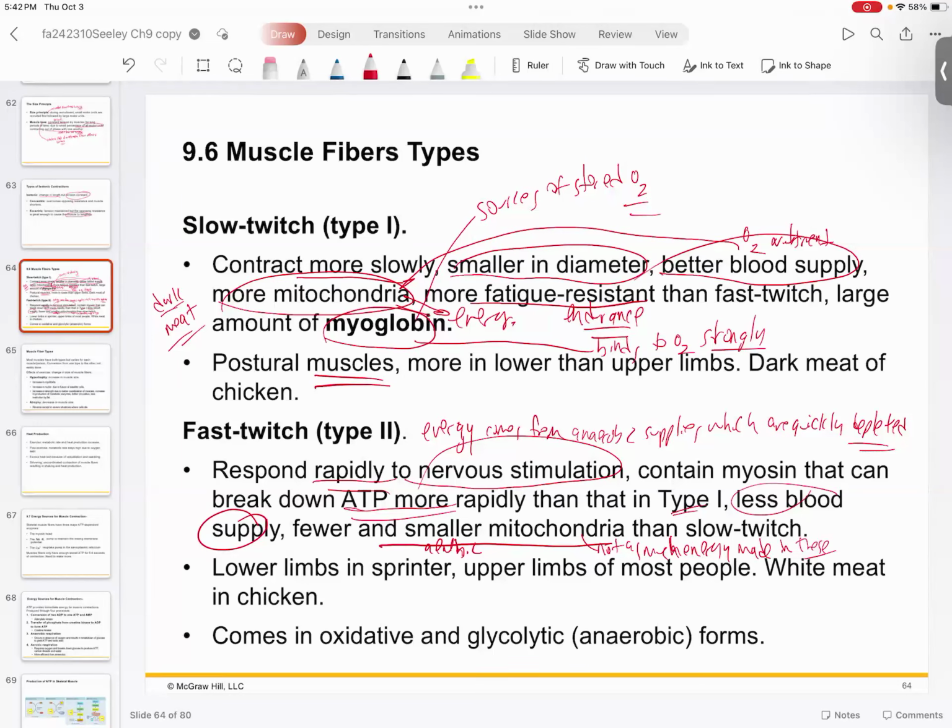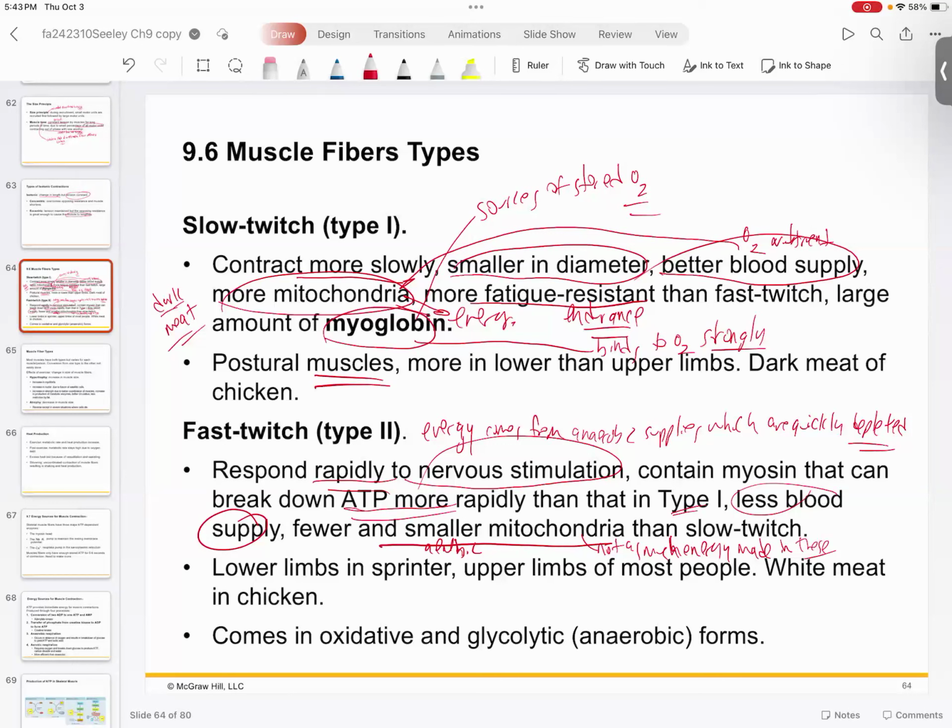And so as a result, if you're anaerobic, you don't need mitochondria. And if you don't have mitochondria because you're anaerobic, you don't need a lot of blood supply because you don't need the oxygen and the nutrients in order to fuel the mitochondria that you don't have. And so everything is very quick and very fast. However, they can be quite powerful.